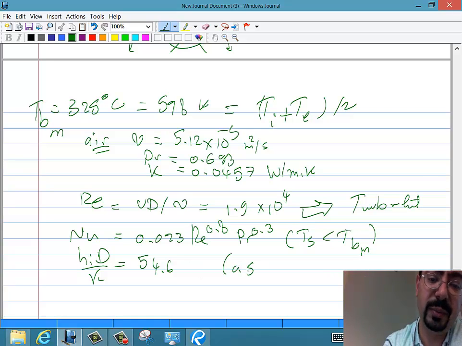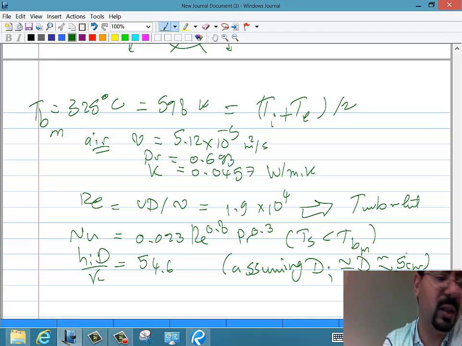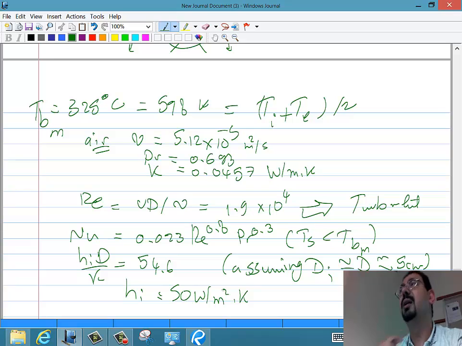So assuming D i is the same as D out is the same as 5 centimeters. Alright, so this D is 0.05, this K is given 0.045, you'll get h i as 50 watt per meter squared Kelvin. Question?